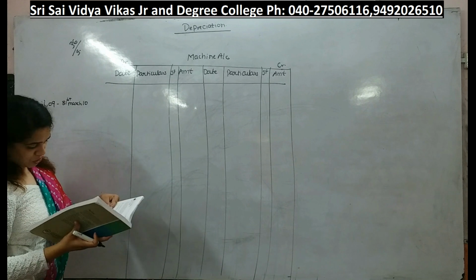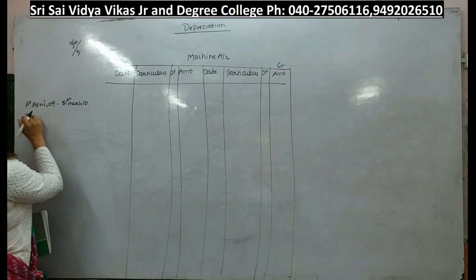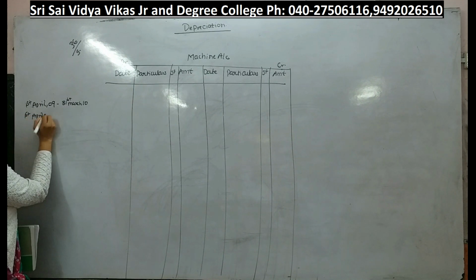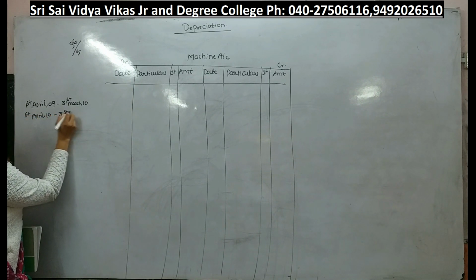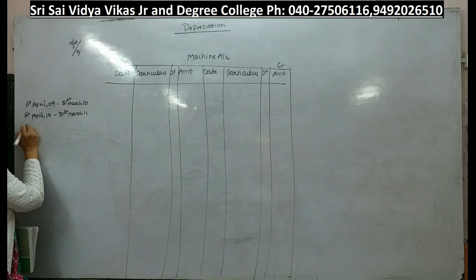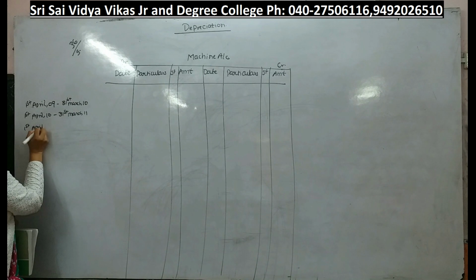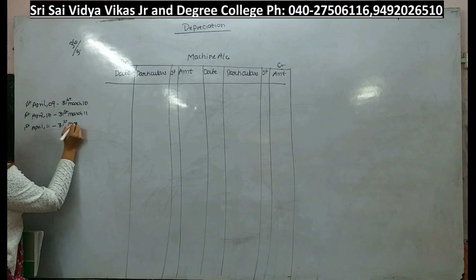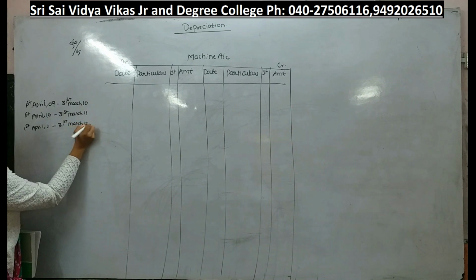They are asking us for the machine account for 3 years. This is going to be our first year. The second year will be 1st April 2010 to 31st March 2011. The third year will be 1st April 2011 to 31st March 2012.